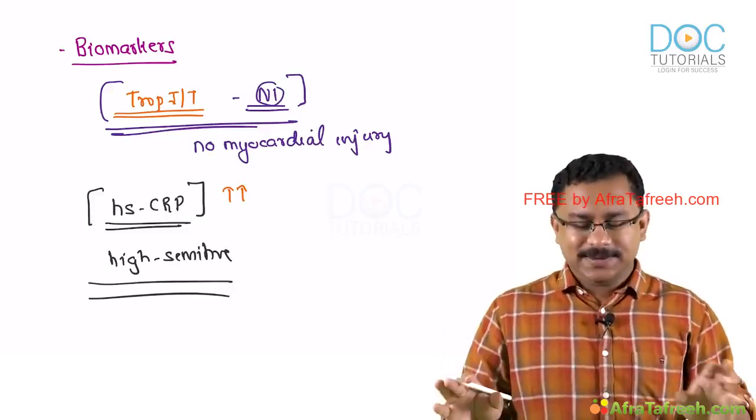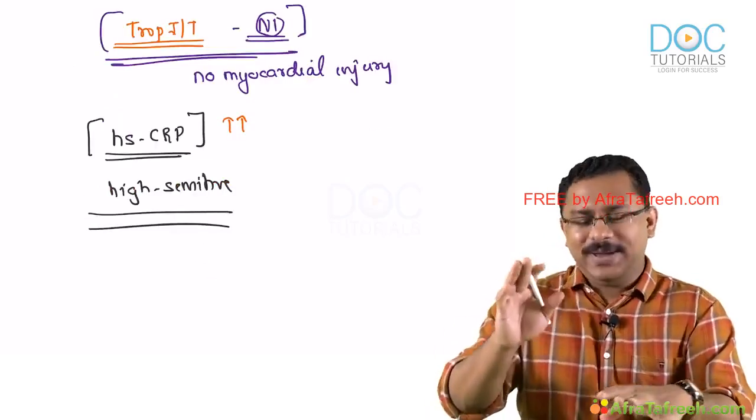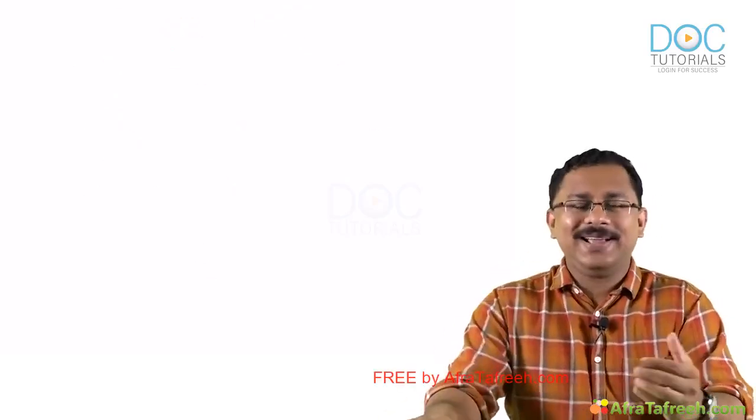So suppose you have a patient who comes to the OPD. He gives a classical chronic stable angina history, and you go for ECG, you find it is normal, and maybe you go for a biomarker, you find it is normal. Now what will you do here? You want to further investigate and find out how severe the chronic stable angina is.